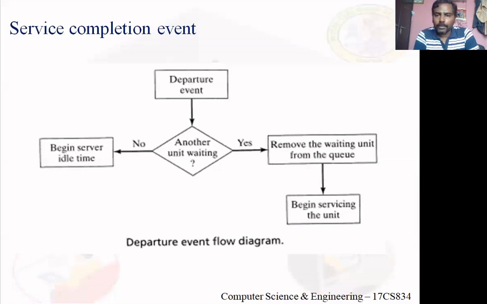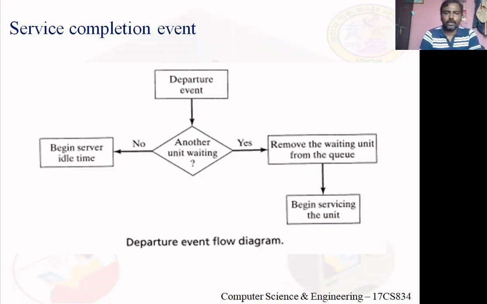If the queue is not empty, meaning another customer is waiting, then remove that waiting unit from the queue who is at the front and begin a service. Clear? Got it?